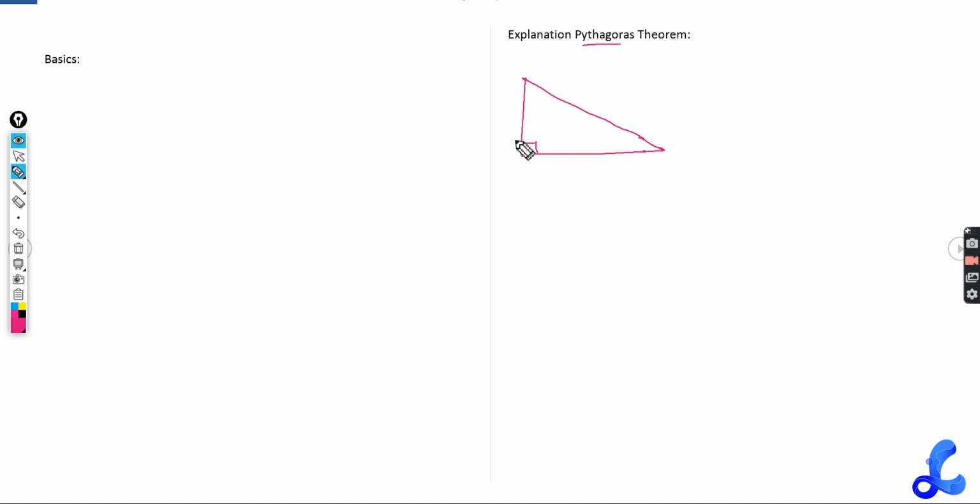Now, some of the basics for Pythagoras Theorem. How does Pythagoras Theorem work? There are three major sides that you do need to know. You do need to memorize their definitions, and not just definitions, but how to recognize these sides. So, what are these three sides? The first is hypotenuse.